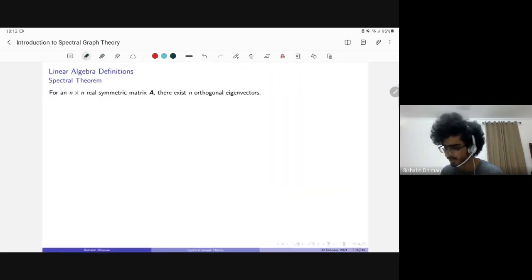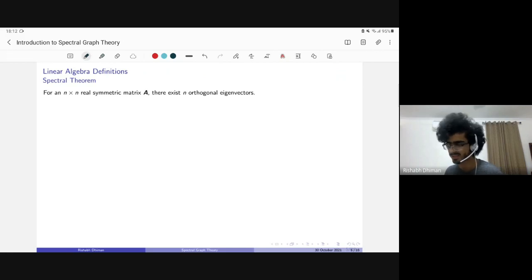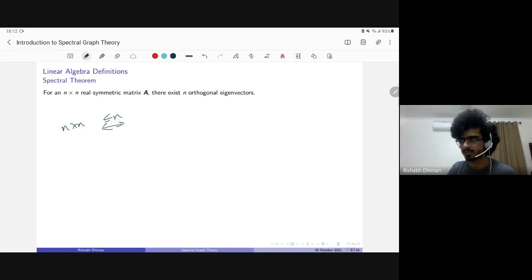Okay. So after this, we'll be done with the linear algebra definitions. We might come back to them if it gets confusing later on. But as I stated earlier, whenever you have an n by n matrix, you can have at most n eigenvalues. And I said earlier that it's not guaranteed that a matrix will always have exactly n eigenvalues.